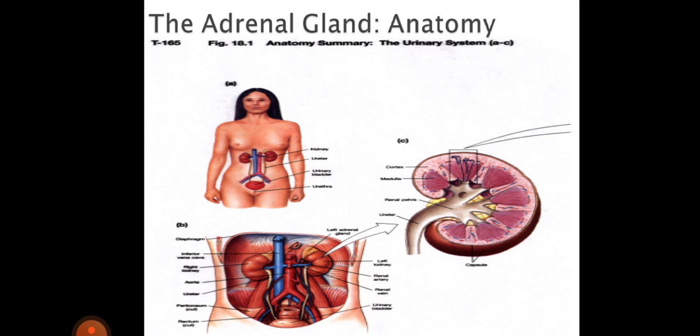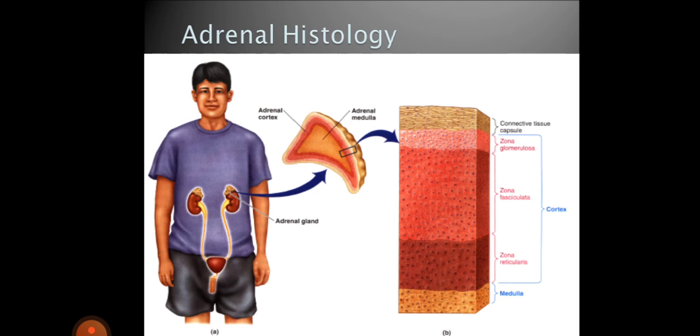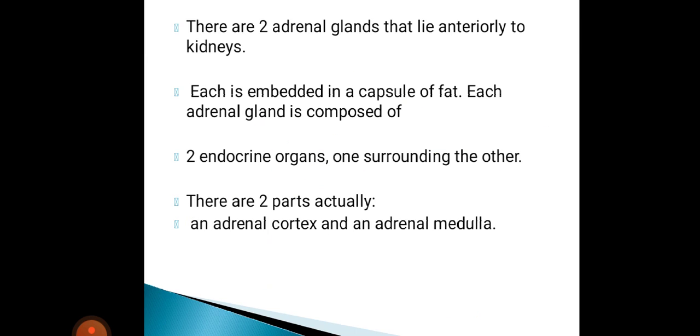This is the adrenal gland anatomy shown in diagrammatic representation for adrenal gland origin. This is the histology of the adrenal gland. This is a transverse section of the adrenal gland. There are two adrenal glands that lie anterior to the kidneys.